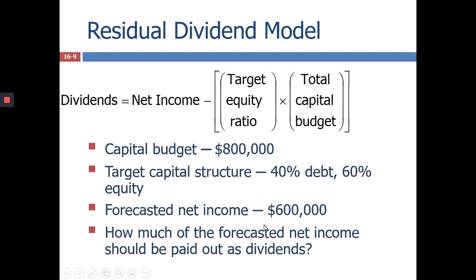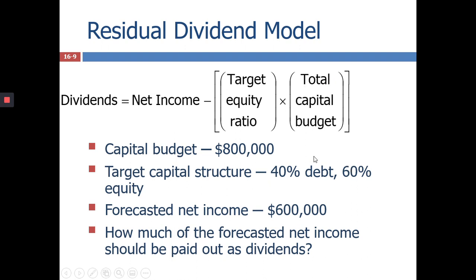And the forecasted net income is 600,000. So how much of the forecasted net income should be paid out as dividend? So class, can you guess how much it would be? Your net income is 600,000 minus your target equity ratio, which is 60%, times your total capital budget of 800,000.